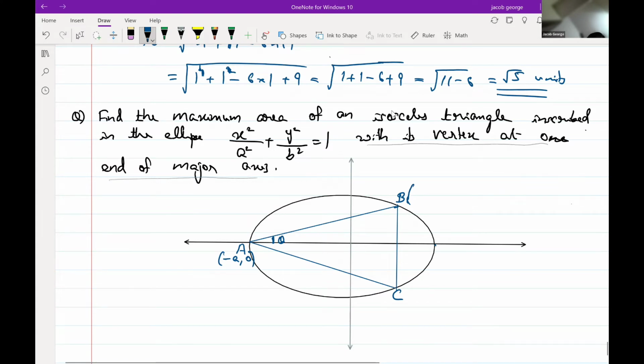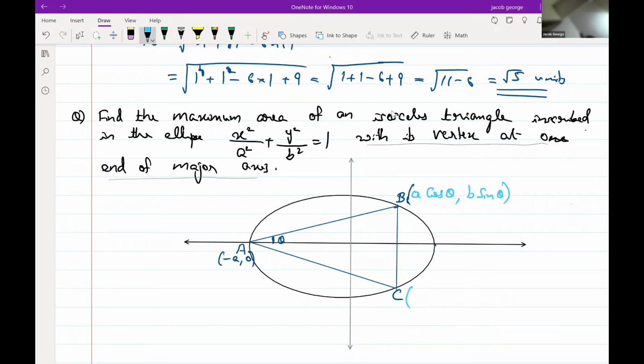Every point on the ellipse will be of that form, a cos theta, comma b sin theta. But according to the quadrant, we put the sign. So capital B is a point in the first quadrant. In the first quadrant, both x and y are positive. So on an ellipse, every point is of this form, a cos theta, comma b sin theta.